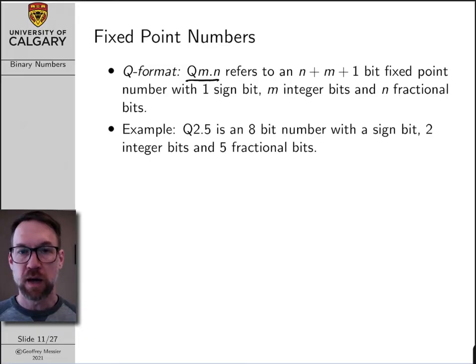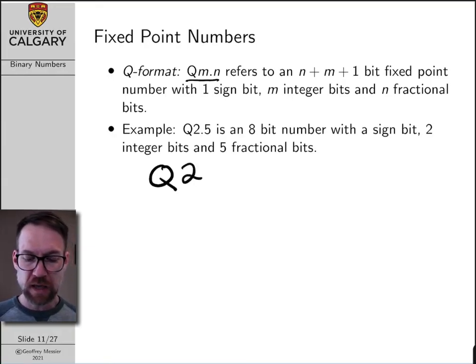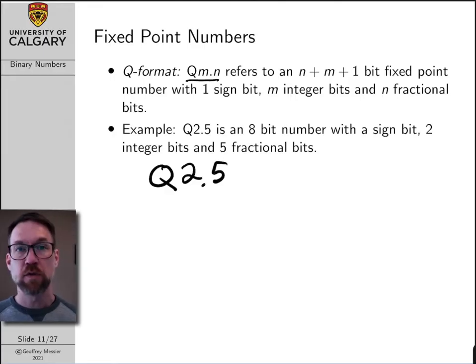Let me do an example here. Let's consider the case where we've got a Q 2.5 number. The number 2 indicates how many bits we're using to represent the integer portion of the number, and the number 5 represents the number of bits that we use to represent the fractional portion of the number.